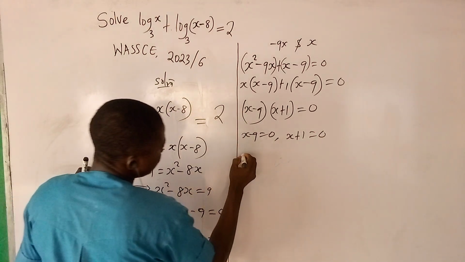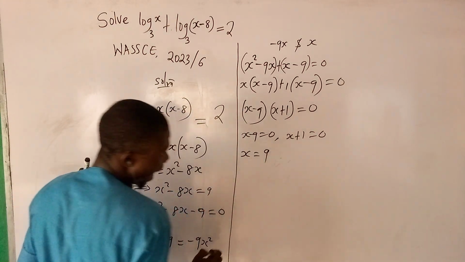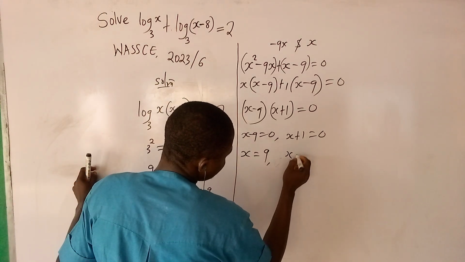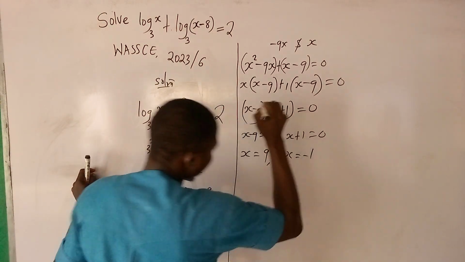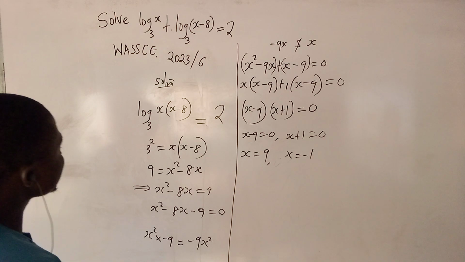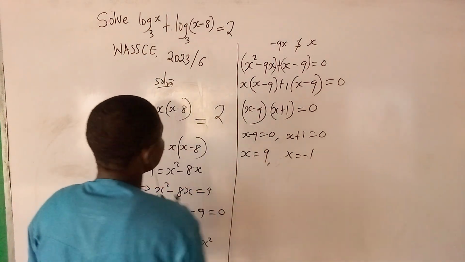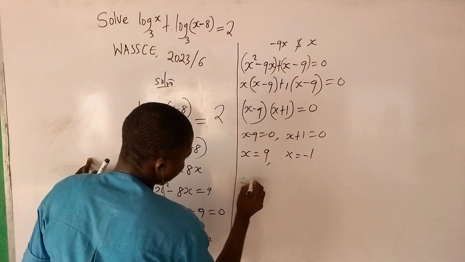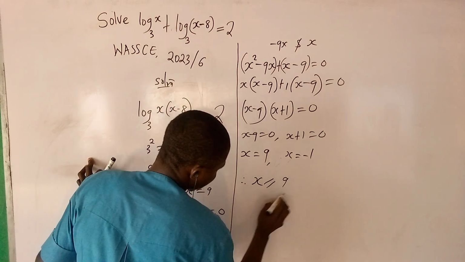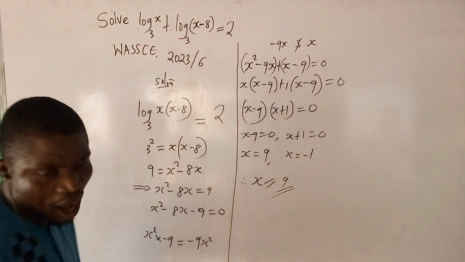Continuing, you find x must equal 9 or x equal to minus 1. Now, the answer to this particular question must be a positive value, so therefore x equal to 9 becomes your answer.